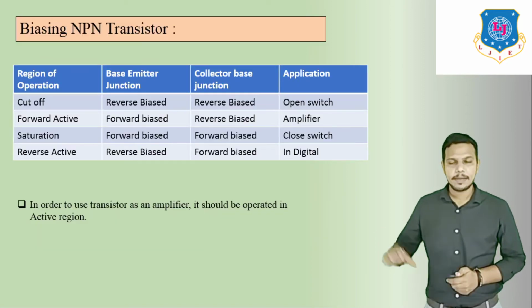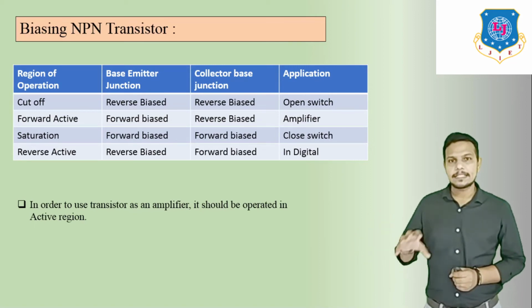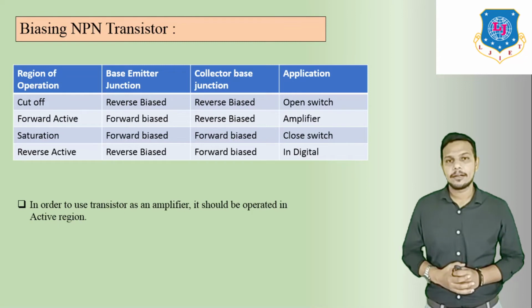Here we can see biasing of the NPN transistor. In this NPN transistor, there are three different terminals. So we have to put two different batteries, because two junctions are created.